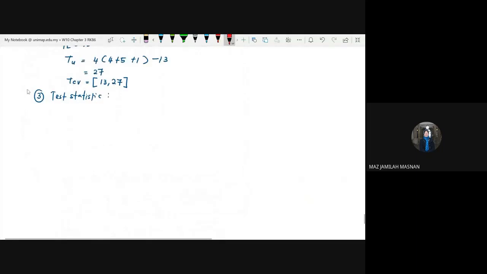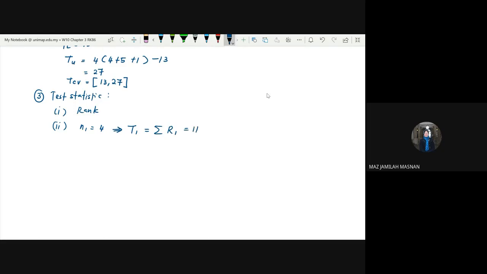First step, rank table. Second, we know that our N1 is equal to 4, so we look for our T1, which is obtained by the summation of rank 1, that is equal to 11.